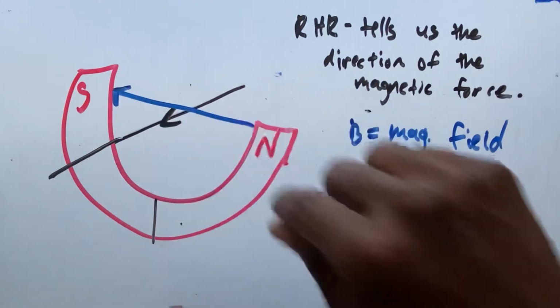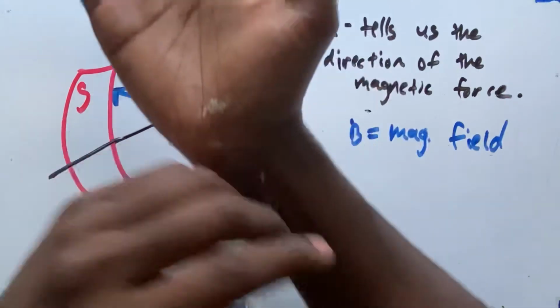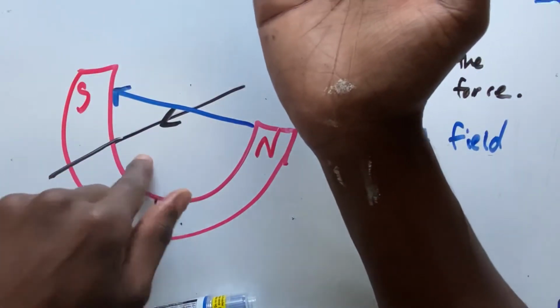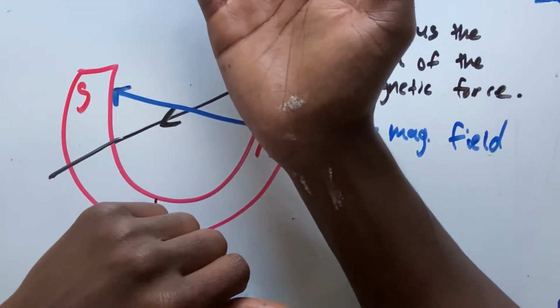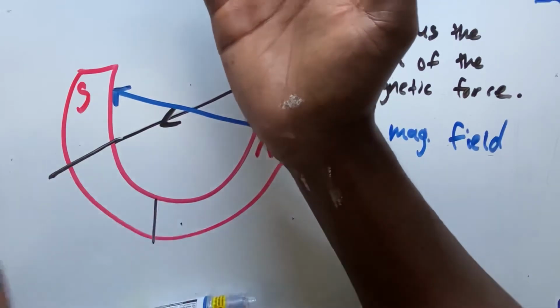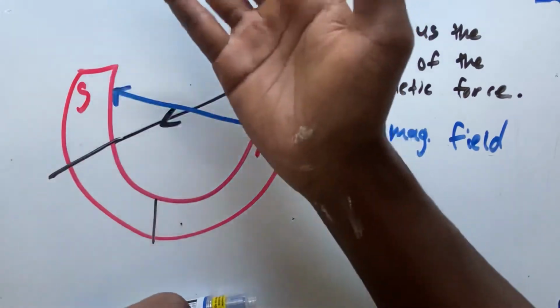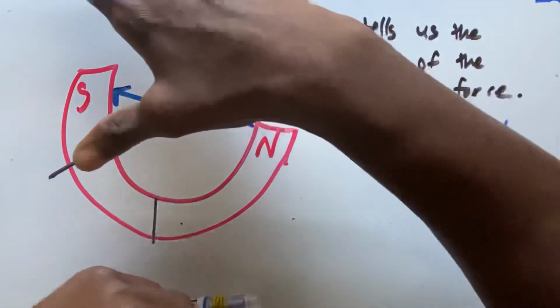So now, which direction is the magnetic force going to be? Well, using our right-hand rule, the direction of the current is going to be our thumb. So our thumb's going to point basically towards me, kind of this way. So here we'd have to kind of put our hand downwards. So my thumb here represents the current.